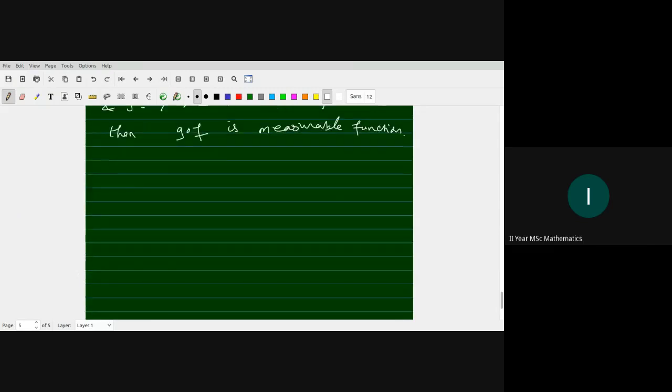The proof is left as an exercise to you, or rather a simple proof is very simple. g circle f is a function from X to Z.